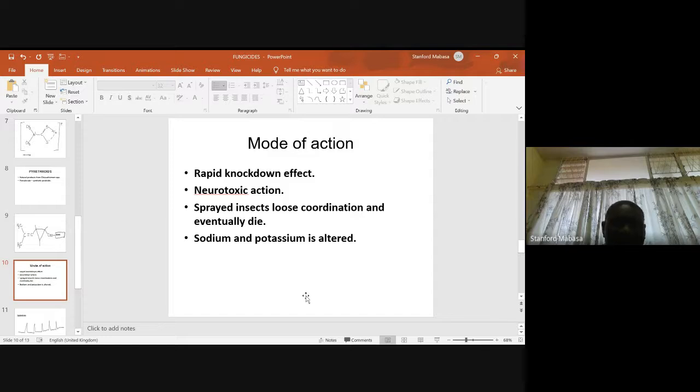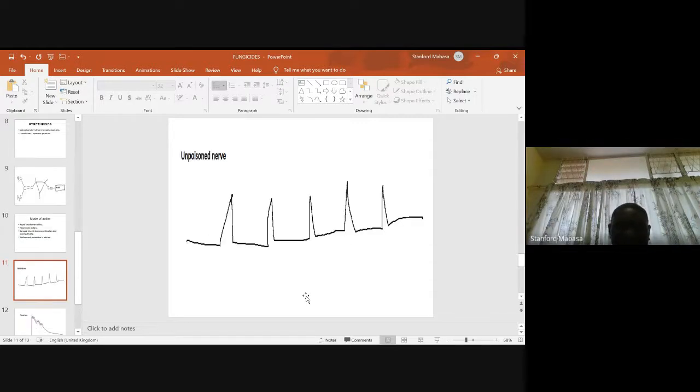What is happening at the nervous system is the alteration of the movement of sodium and potassium. And we can represent the activity of these pyrethroids using these sort of graphs, which indicate the pulses.